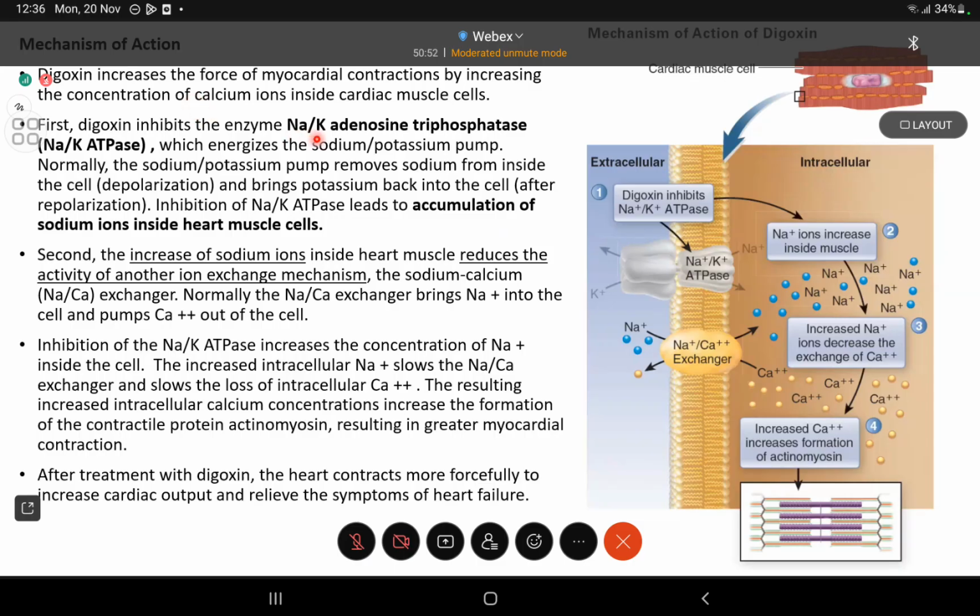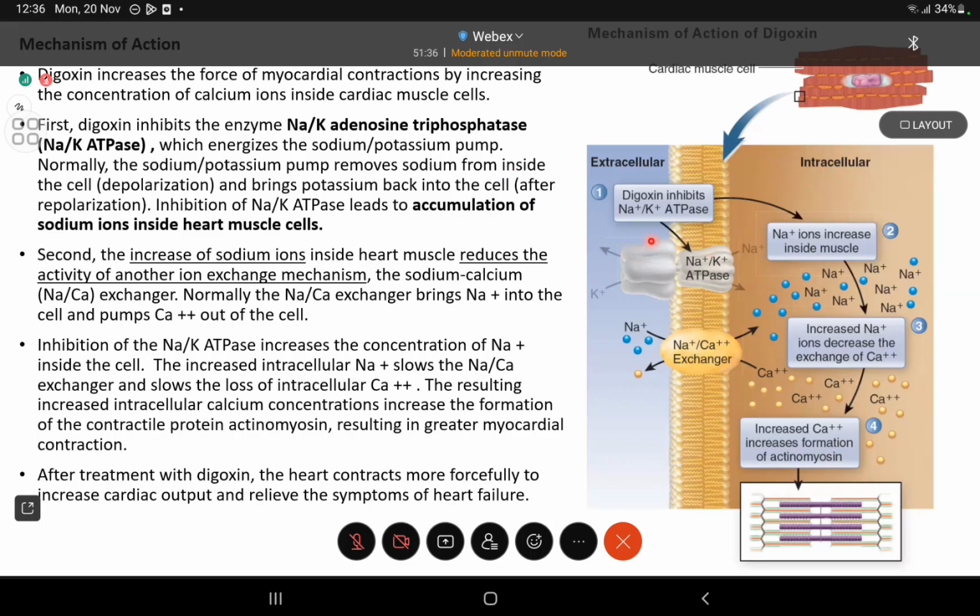So the mechanism of action you need to remember is that digoxin inhibits the enzyme sodium potassium adenosine triphosphatase, the sodium potassium ATPase, which is located here. By doing so, you will lead to accumulation of sodium inside the heart muscle, because this pump normally pumps sodium from inside to outside.